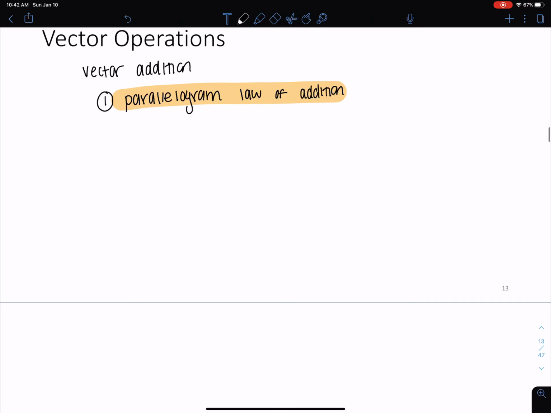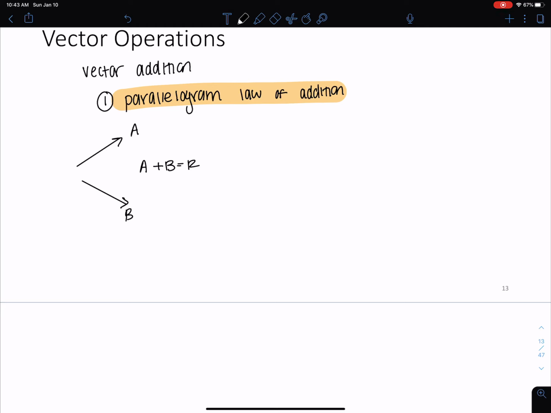Okay, so let's say I have two vectors. I have a vector here. I'm going to call this vector A for simplicity. And then I have a vector here, vector B. And basically what I know is I want to add A plus B to get some resultant. Okay, and how do I do that? How do I get the resultant of A and B? By adding.